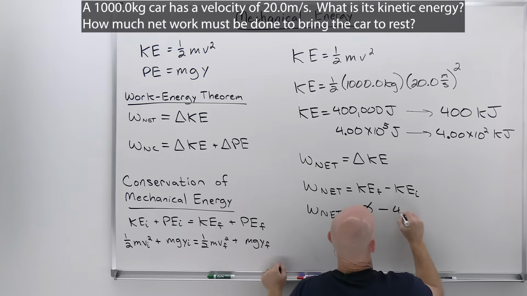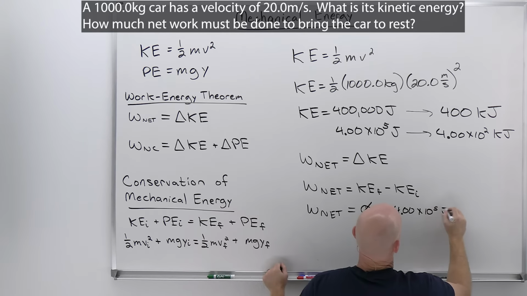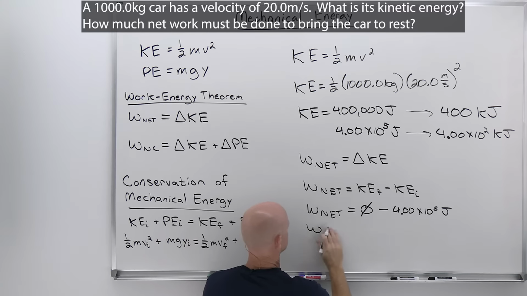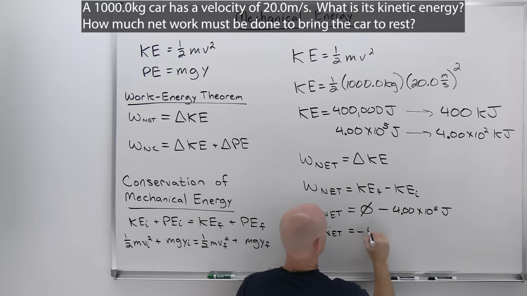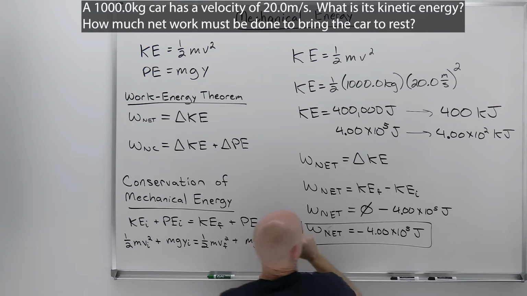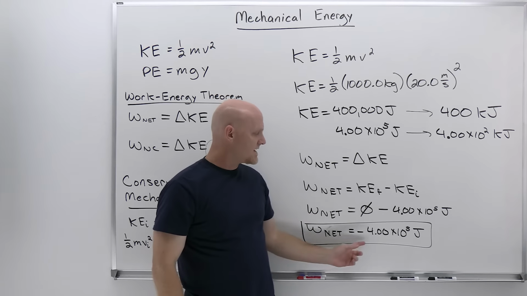And so in this case, I'll make it 4.00 times 10 to the 5th joules. And 0 minus that gets us a negative number. Negative 4.00 times 10 to the 5th joules for our net work. And does it make sense that it's negative?